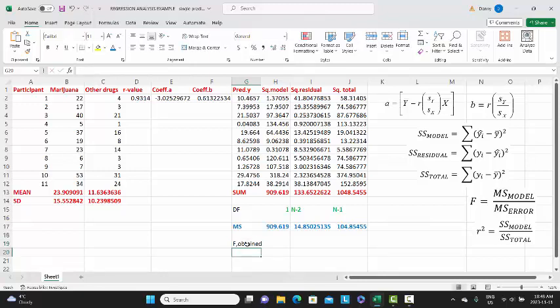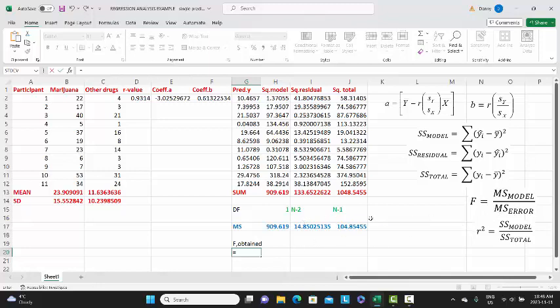Now, to calculate the F obtained from our data, this is going to be equal to our reference equation, which is the variance due to the model divided by the variance due to the error or residual term. Keep in mind the terms error and residual are used interchangeably.